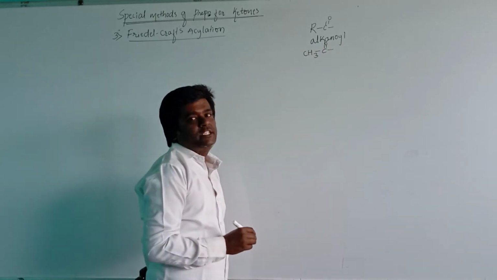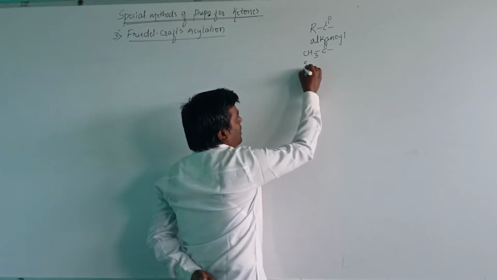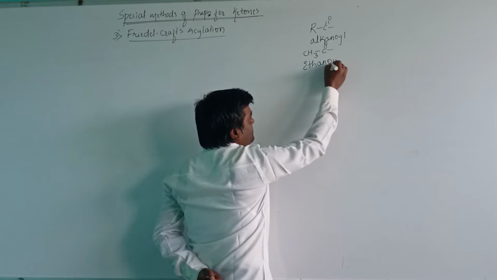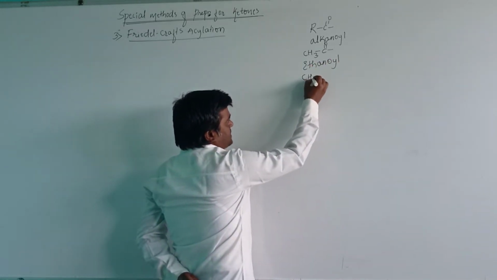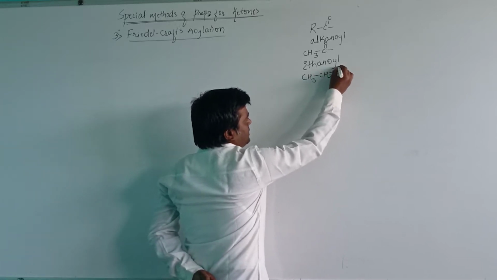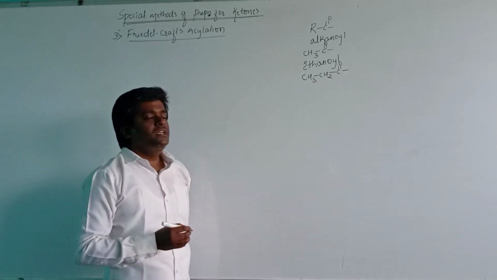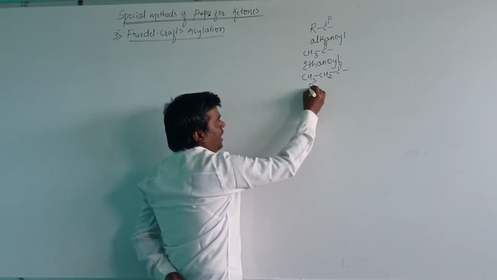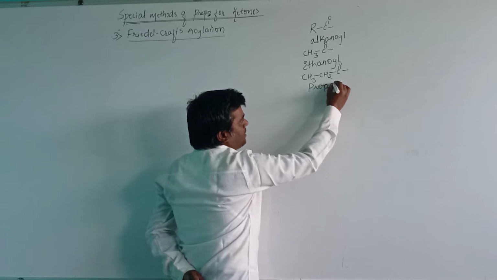Then this compound has two carbon atoms, therefore it is known as ethanoyl. The next one, CH3CH2 C double bond O, has three carbon atoms in the parent chain, therefore it is known as propanoyl.